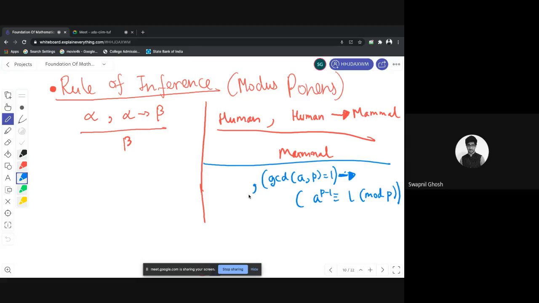And if we already know that the GCD of a comma p is 1, we can conclude that a to the power p minus 1 is congruent to 1 mod p. So we are using this rule of inference always in mathematics.